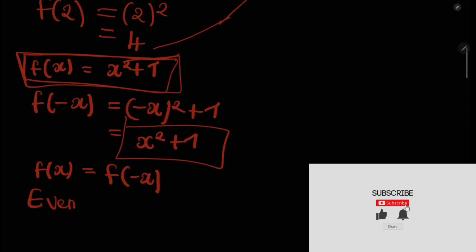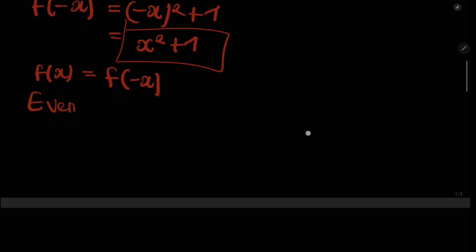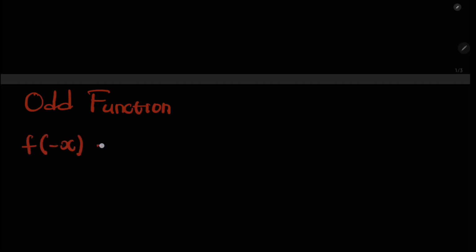Now, all functions cannot be even, definitely. So this takes us to the next type of functions, that is the odd functions. So in this case, we have that f of minus x should be equal to minus f of x.